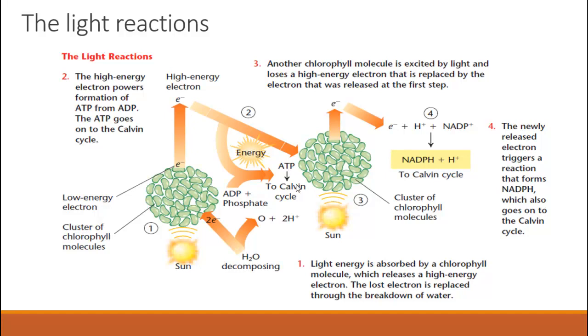The electron lost by the chlorophyll in the first step is restored to it by a reaction in which water is split into oxygen and hydrogen ions, and the oxygen is released into the atmosphere and can later be used by organisms, including you, for the respiration process. After that, the newly released electron is involved in another reaction, which forms an important coenzyme called NADPH.